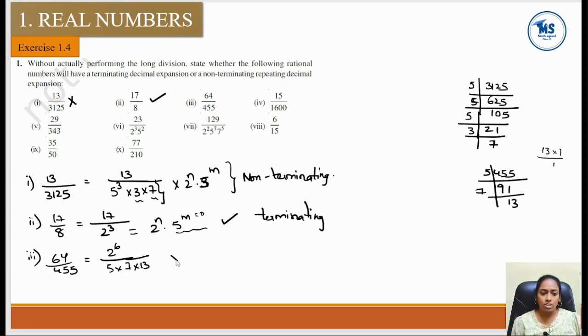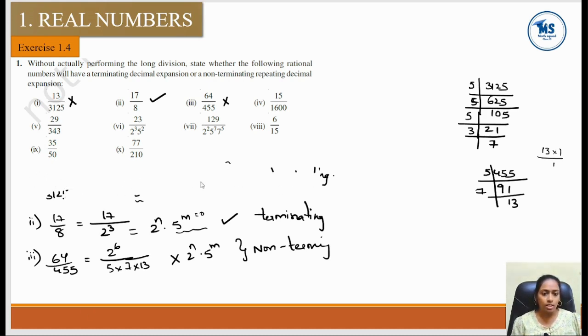So of course this is not in the form of 2 power n into 5 power m. So this is non-terminating and repeating. Okay, let me rub all these things so that we can solve the rest of the problems.